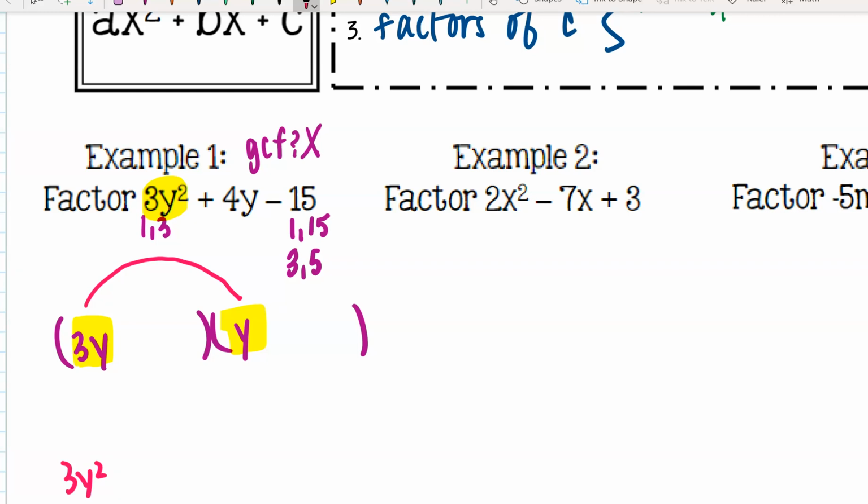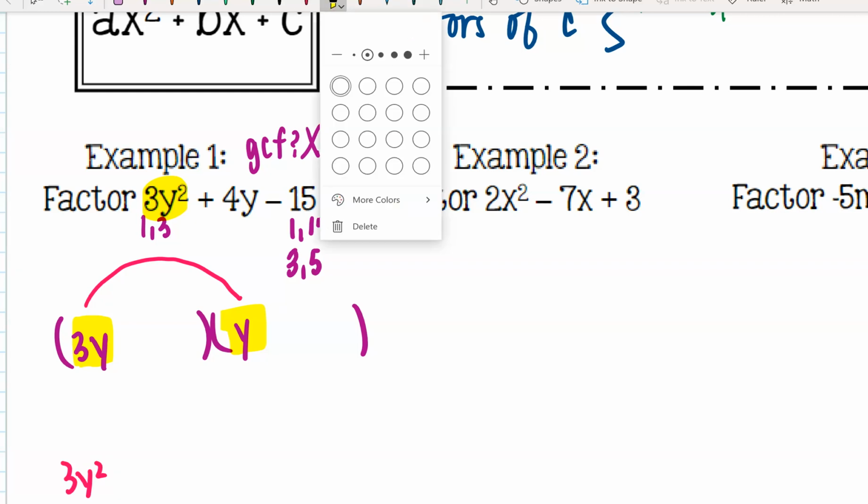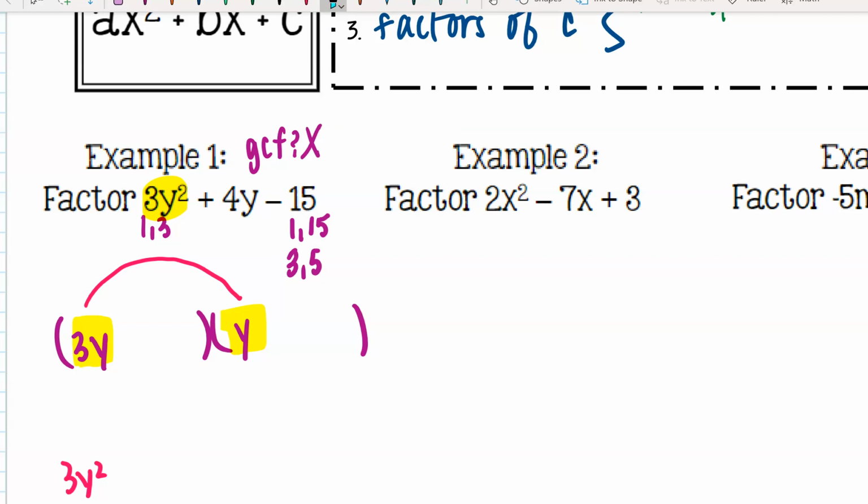Then the other thing I need to take a look at is my last term, my constant here, 15, and I know that goes in the second part of my binomial, because of how the multiplication works out with my last term. Keep in mind we are going to use the signs that we learned the other day in notes 4.